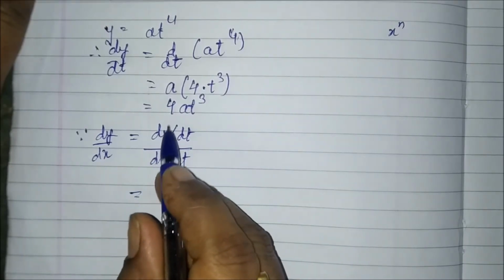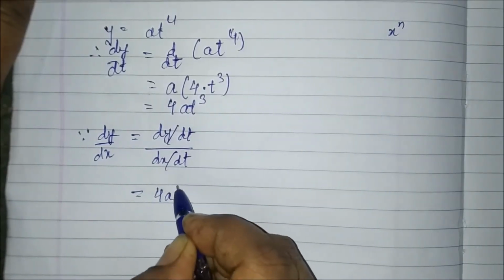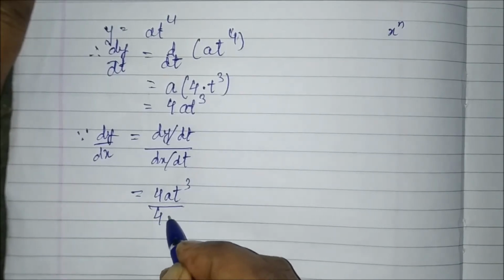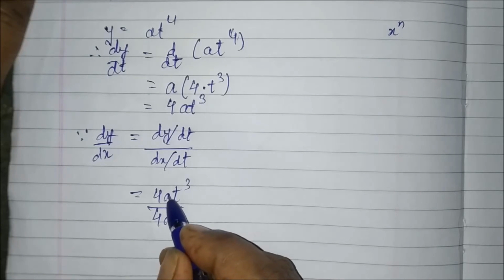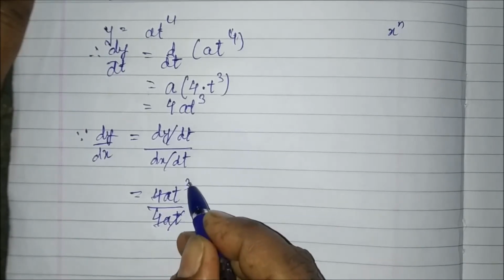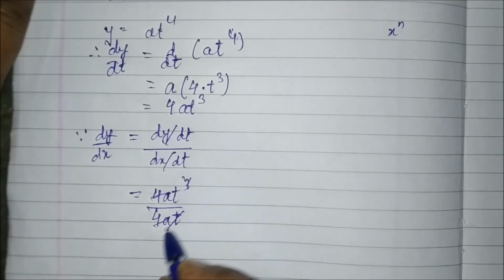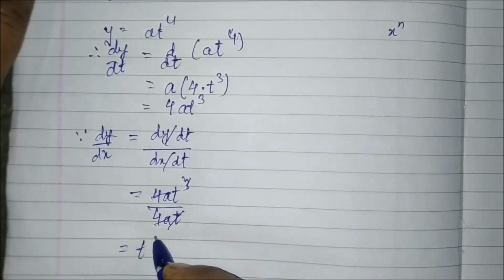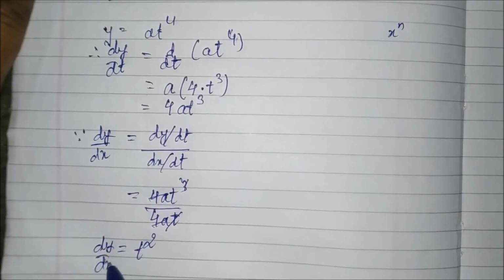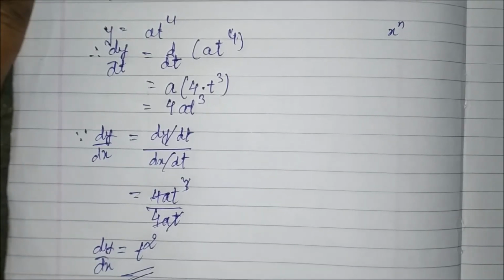Now dy by dt is 4a t cube and dx by dt is 4a t. Now 4a and 4a will cancel out, t will cancel out, and we will get a square here. So the answer is t square. So dy by dx is equal to t square.